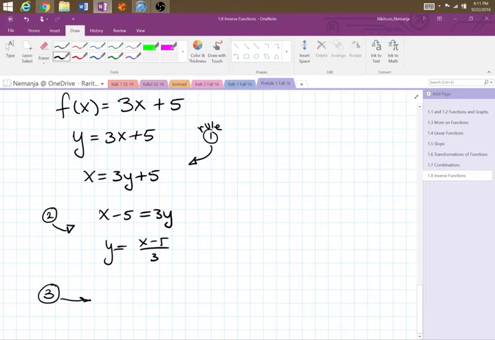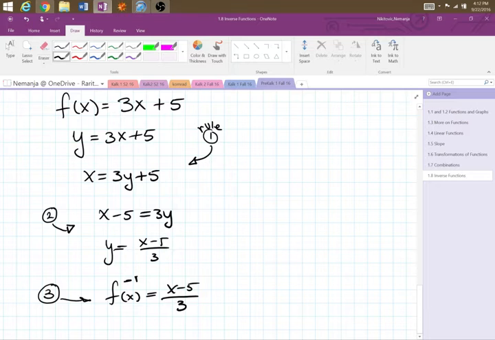In the last step, replace the y notation with f minus 1 so that you can pair it with its function. Don't get married to this idea that it's always f minus 1, g minus 1, h minus 1. Any of the letters that could be plugged in for a function, instead of f of x, will have the inverse with that negative 1.